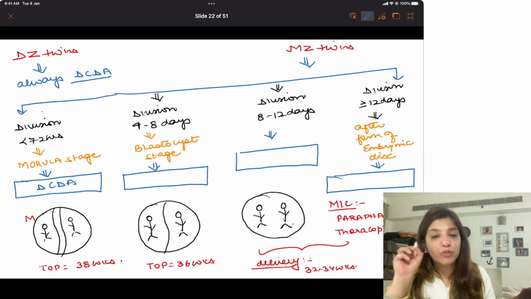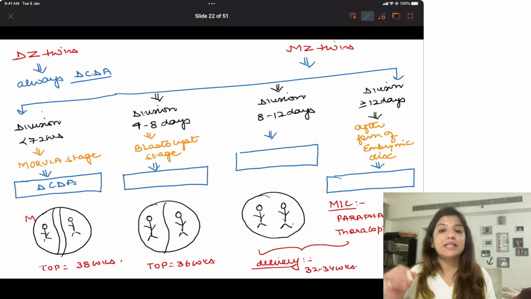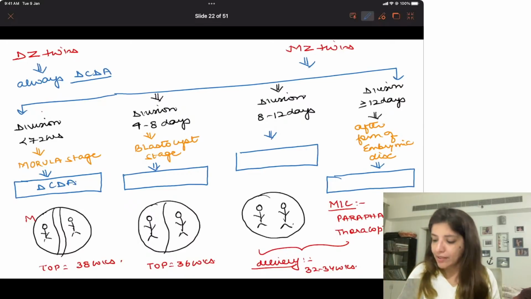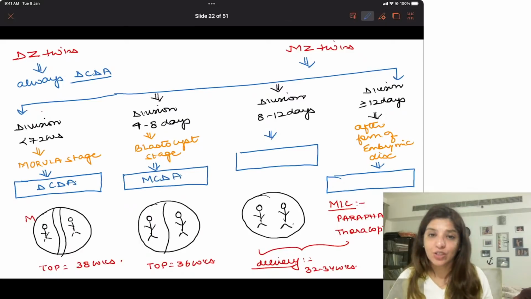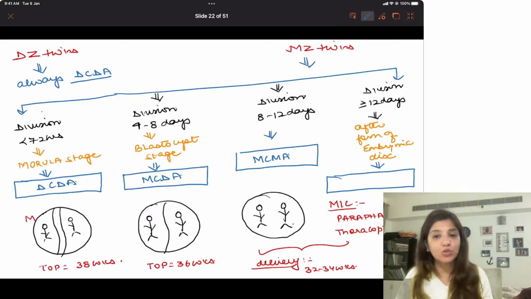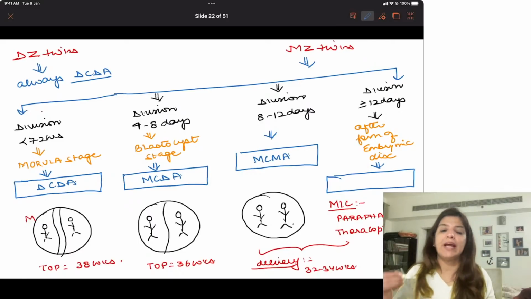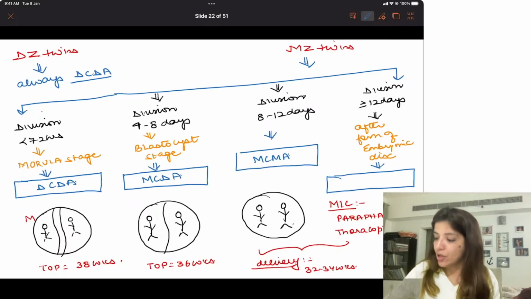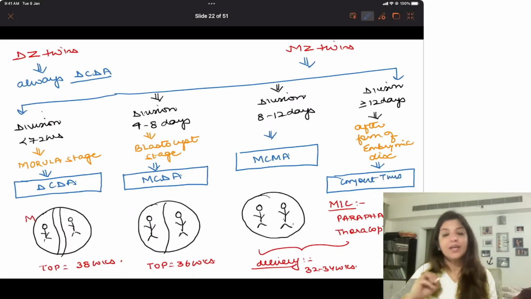If division happens between 4 to 8 days, that means in the blastocyst stage, then you get monochorionic diamniotic twins. If division is happening between 8 to 12 days, then you get monochorionic monoamniotic twins. And if division is happening at more than or equal to 12 days, that means after the formation of the embryonic disc, you get conjoined twins. Right?